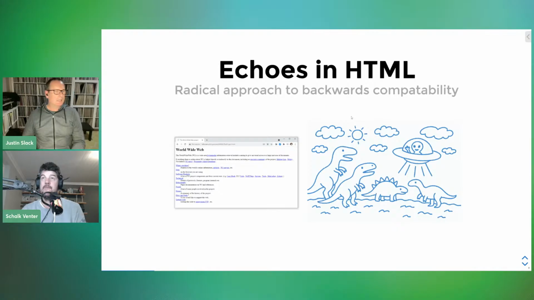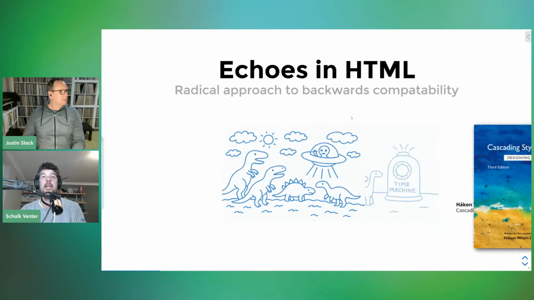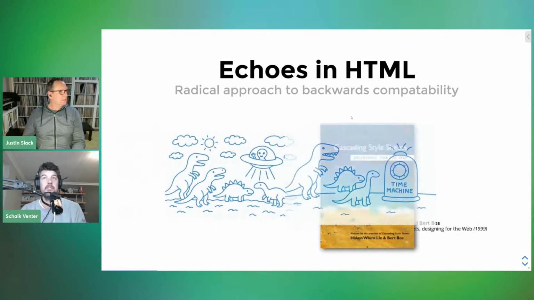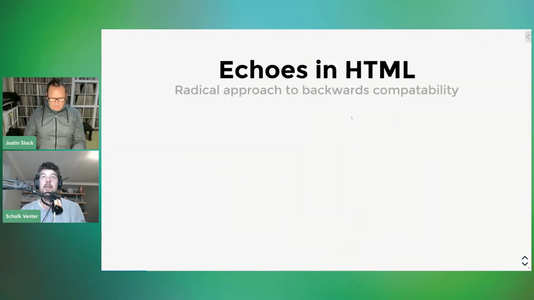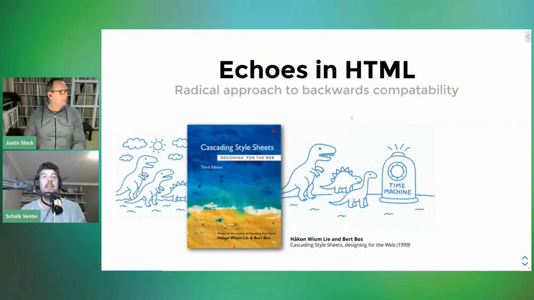Yes, we'll do. Okay, but there's a book for me that really captures the sentiment, this historical precedent that I'm talking about, quite well, and that's a book called Cascading Style Sheets: Designing for the Web, in 1999. I'm not going to pronounce the first author's name, but him and Bert Bos.